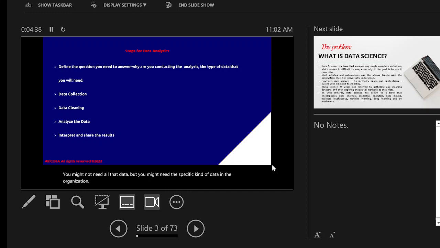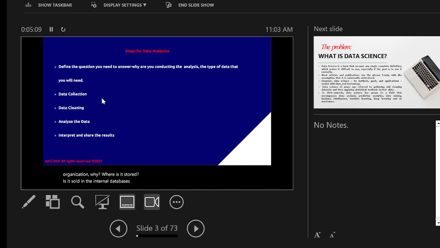So after you ask the question and identify the type of data that you need, you will proceed to what you call data collection. Data collection does not mean that you have to go to the field to administer questionnaires and so on. Data collection means that you look at whether that data is available. If it is available in the organization, where is it stored? Is it stored in the internal databases?